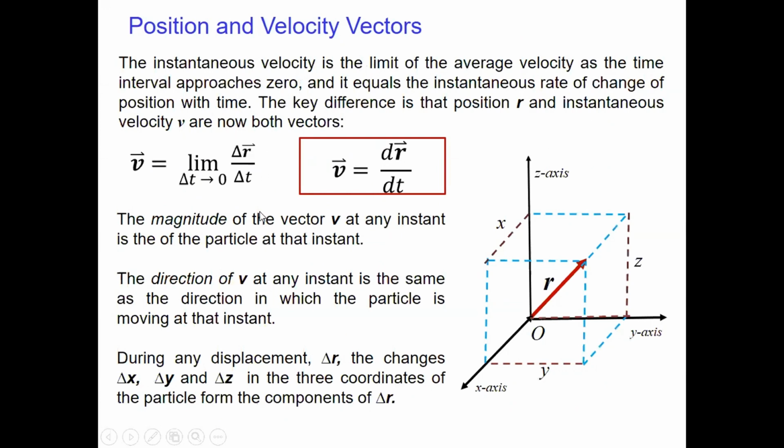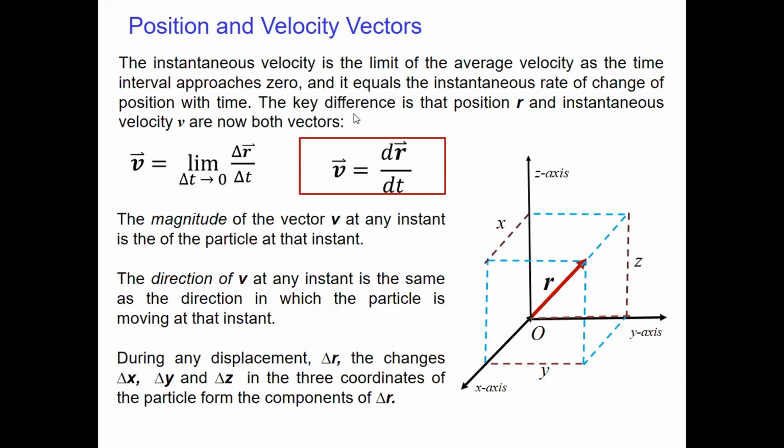Again, the velocity is a vector quantity, and instantaneous velocity is the limit of the average velocity as the time interval approaches zero. When it is going to zero, then the velocity becomes the instantaneous rate of change of position with respect to time.